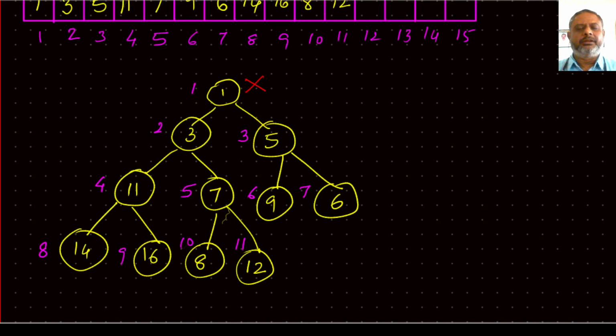So just by deleting this node, the whole tree gets disturbed, so it cannot be done. So deleting a node means the root should be disturbed.